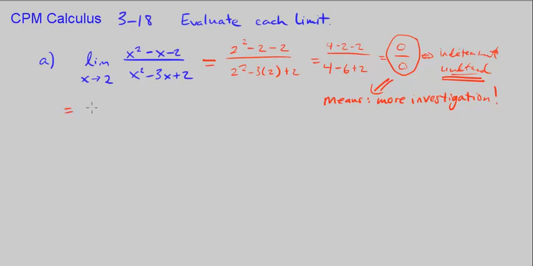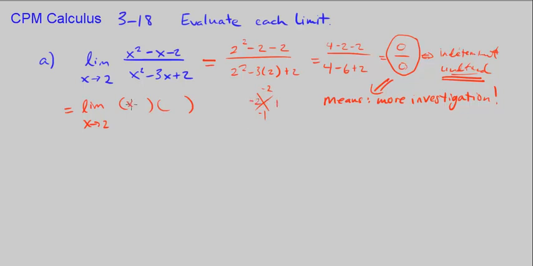So let's try again. We have the limit as x approaches 2. Can we factor the numerator? Yes, we can use this method where we multiply two numbers to get negative 2 and add them to get negative 1, and that would be negative 2 and 1.